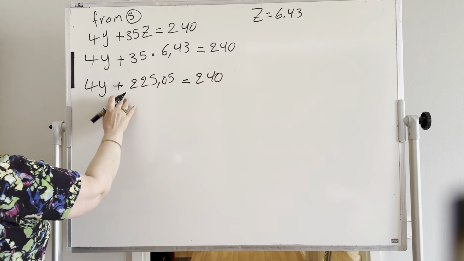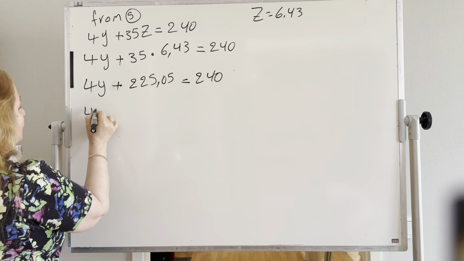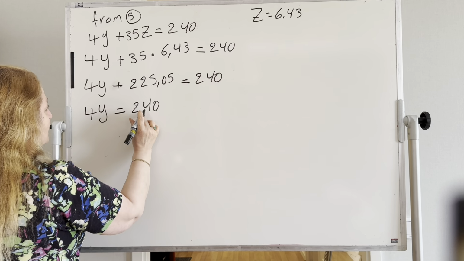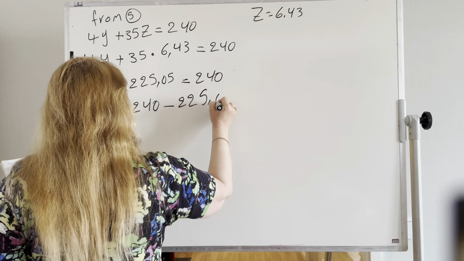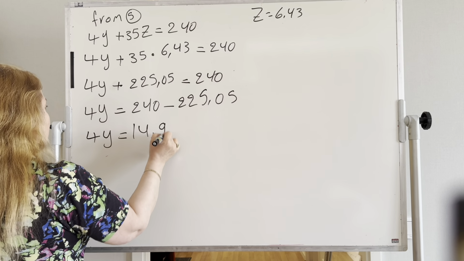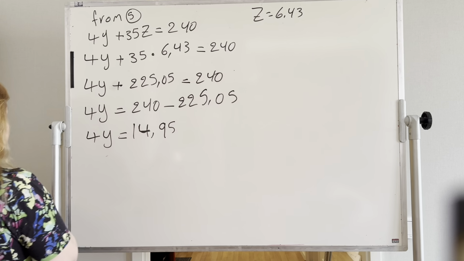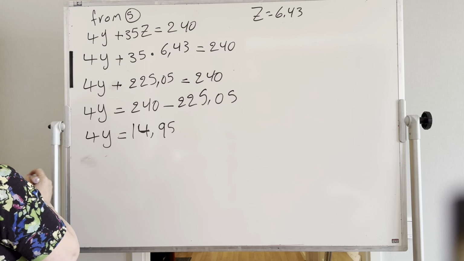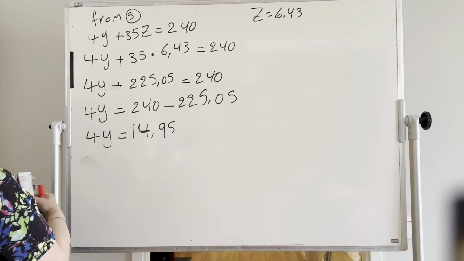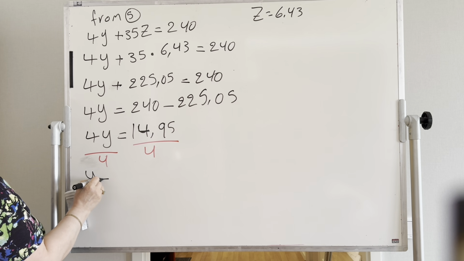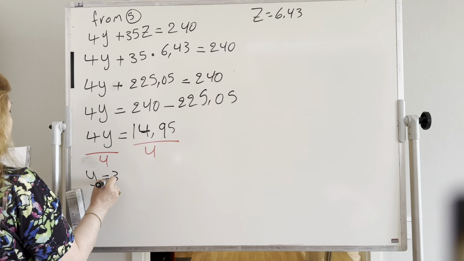Then I will change the place for 225.05 to another side, and I will change the sign. 4y equal 240 minus 225.05. 4y equal 14.95, and then I will divide both sides by 4, y equal 3.74.